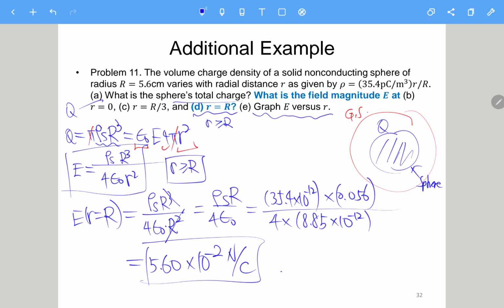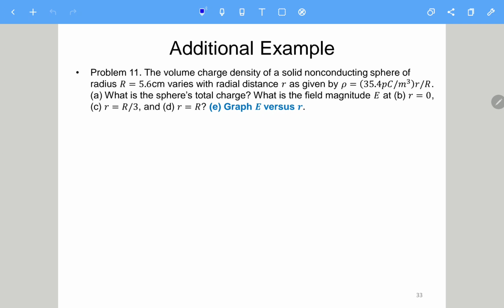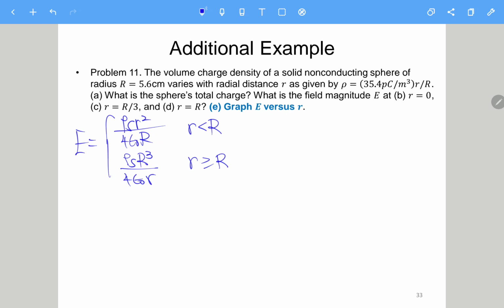And finally we can draw the graph for part E. Here we recall E to be rho S times small r square over 4 epsilon naught R. This is what we got in part C, for r smaller than capital R. And rho S times capital R cube over 4 epsilon naught small r square when r is larger than or equal to R. So for the upper one, it is proportional to r square.